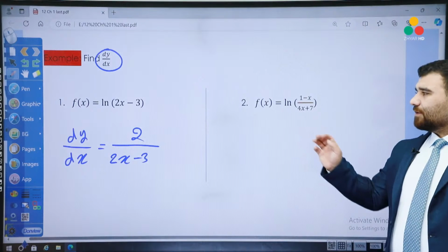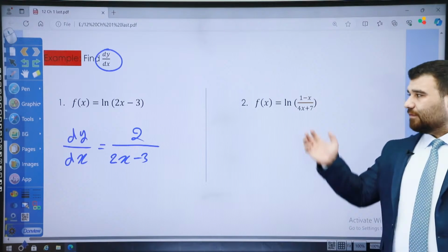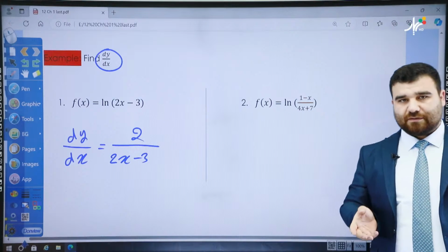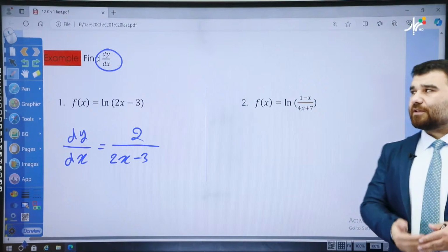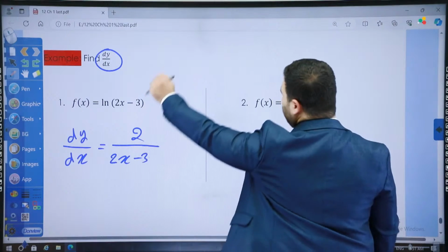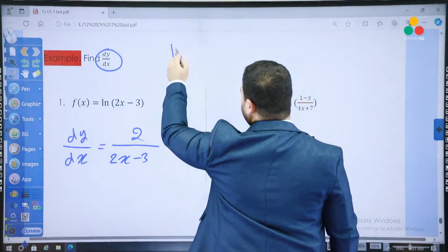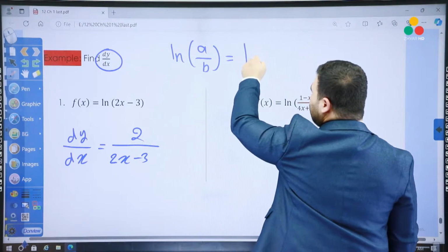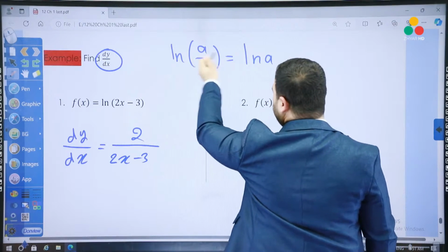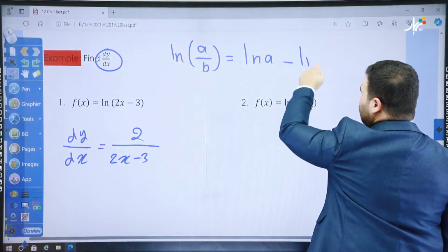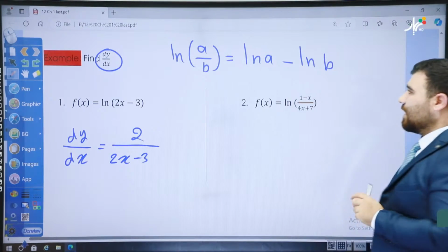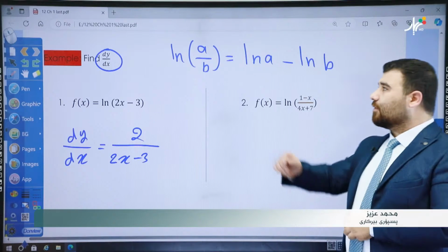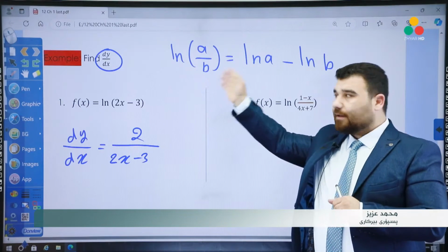Another example. We're going to use a property of ln, then we do the derivative. Since inside the ln is a fraction or division, we use this property of ln. If we have division, we can write it as minus. If you have ln a over b, it will be ln a first minus ln b. But if you have minus inside ln, we cannot make this division. We can only make division inside ln into minus.